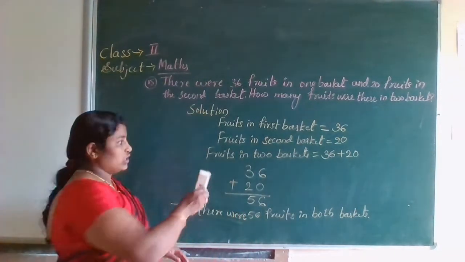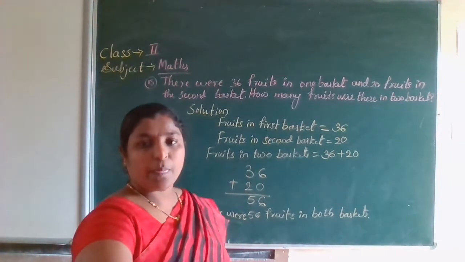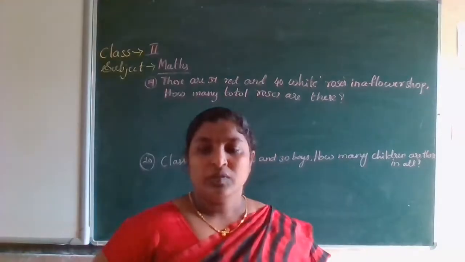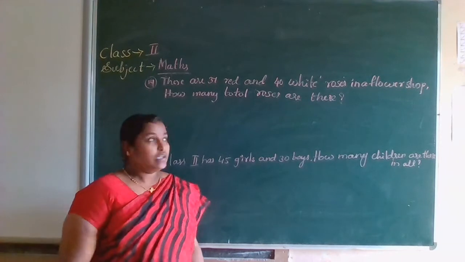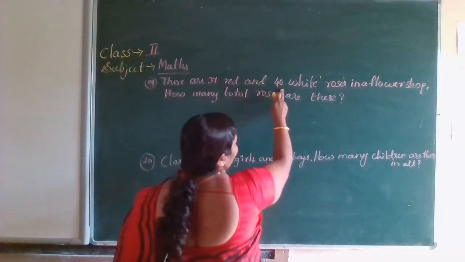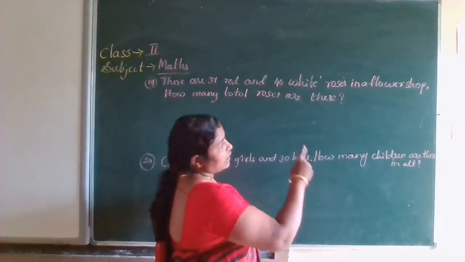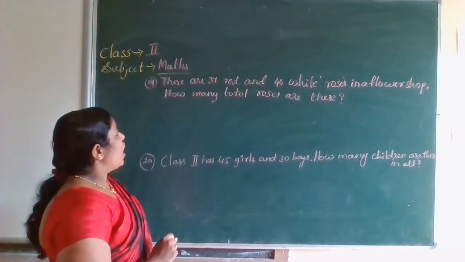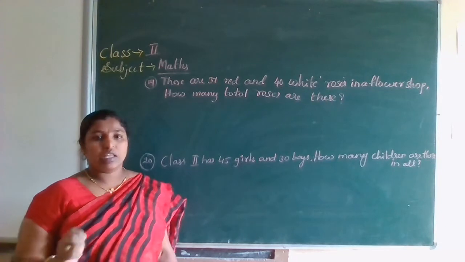Write the second question. Next, 19th question. There are 37 red and 40 white roses in a flower shop. How many total roses are there?